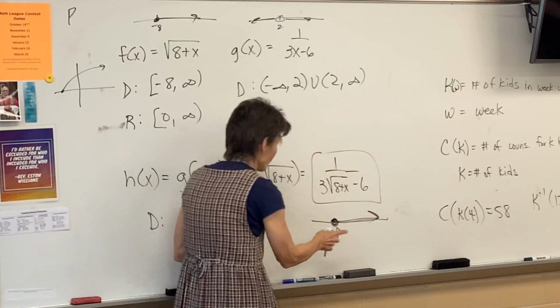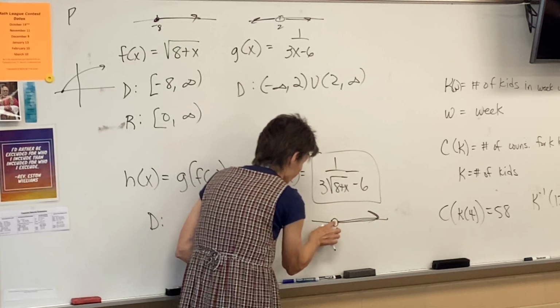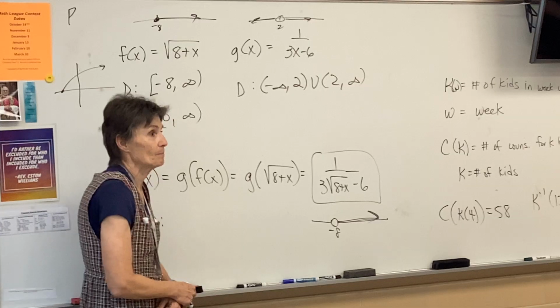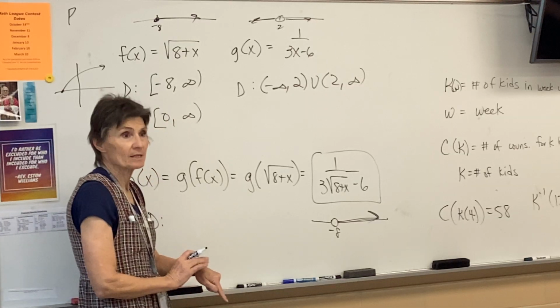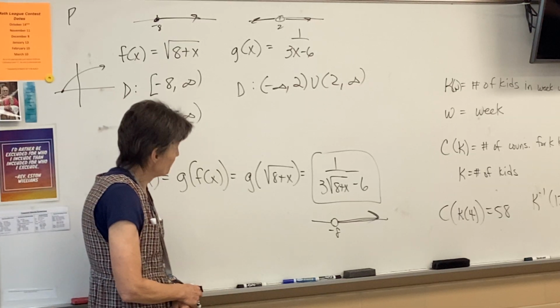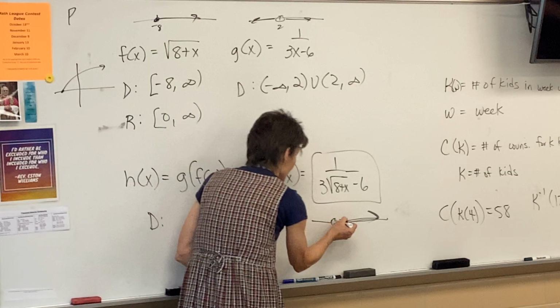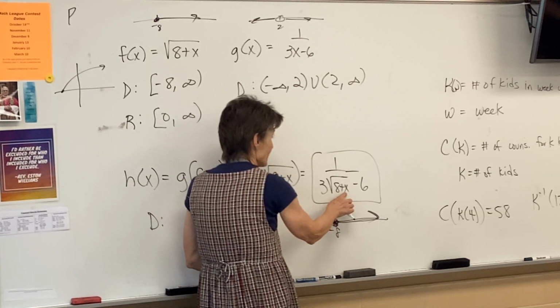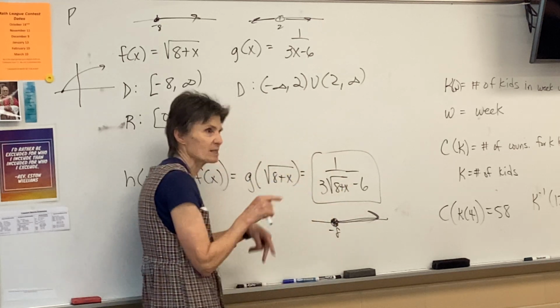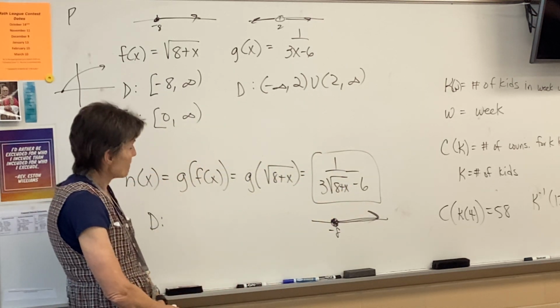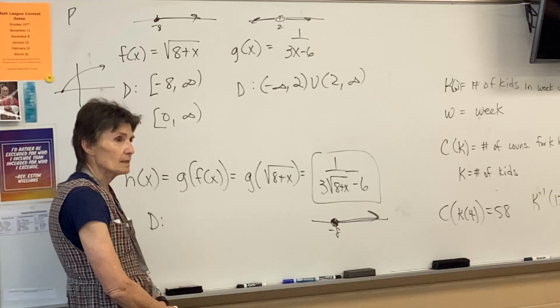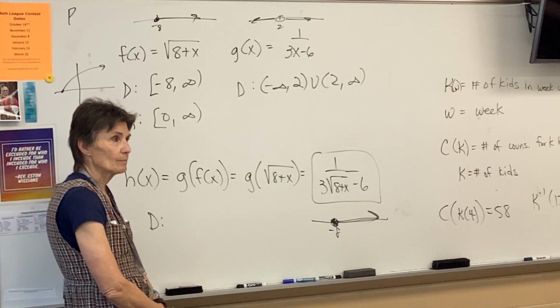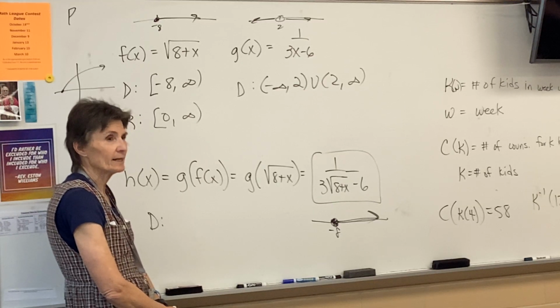So not or equal to, can't even be equal to, just bigger than -8, because now it's in the denominator. Oh wait, no, I know it can be equal because I'm subtracting 6. So if I put in -8, I would get 0 minus 6. That would still be okay. All right. Is that it? Why not? That is not it.